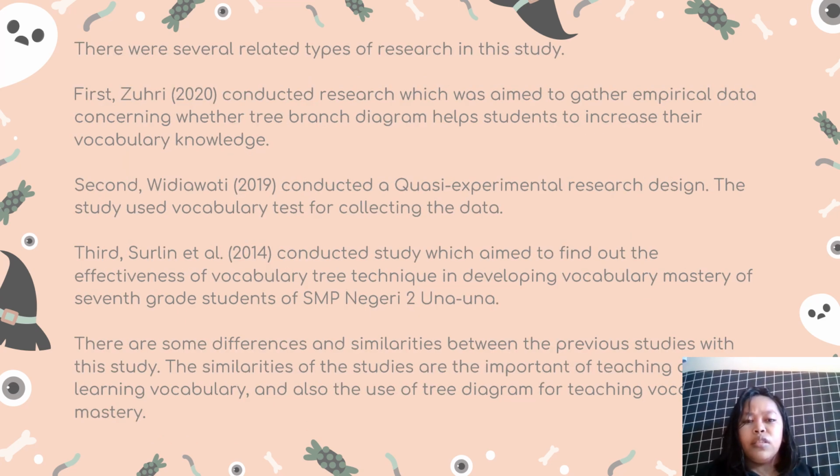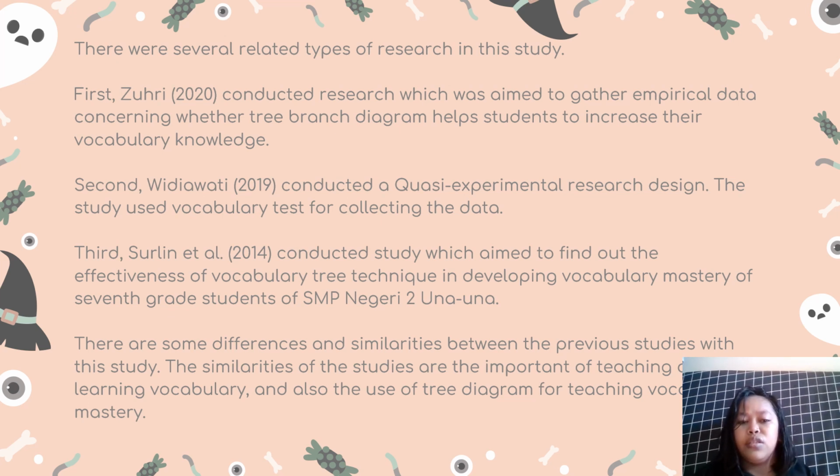There were several related types of research in the study. The first conducted research which aimed to gather empirical data concerning whether tree branch diagrams help students to increase their vocabulary knowledge. Second, conducted a quasi-experimental research design.